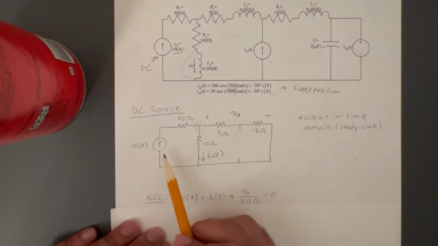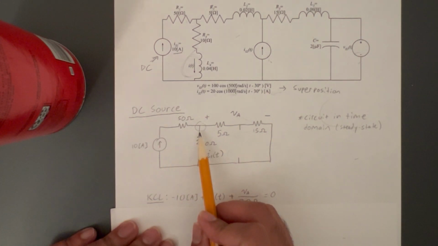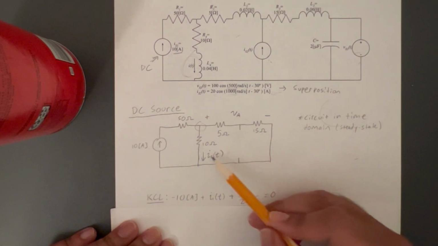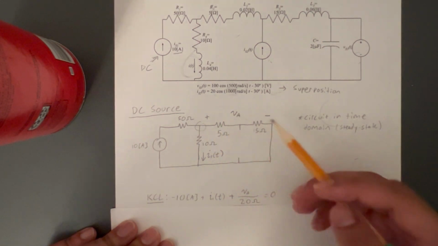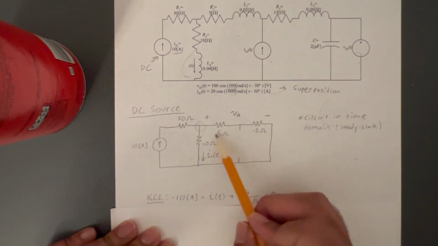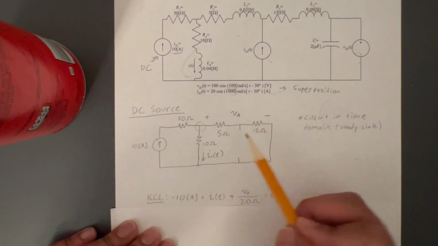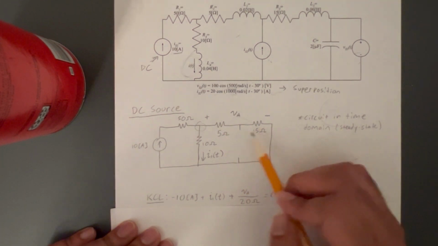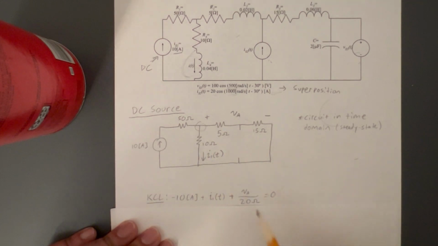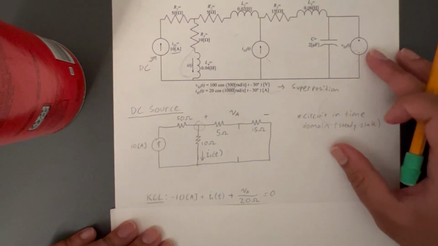We have the 10 amp source going in, I1 going out of the closed surface, and we have this current, which can be represented by Ohm's law as VA over 20 ohms, as these two are in series, going out. And that all equals 0.